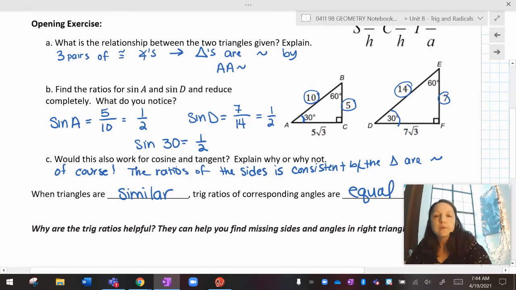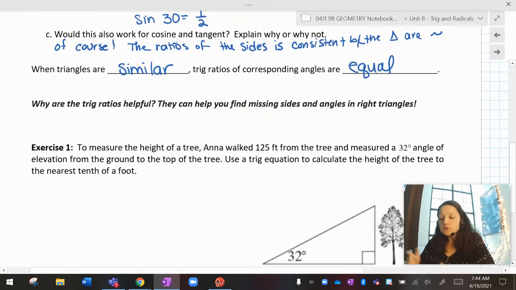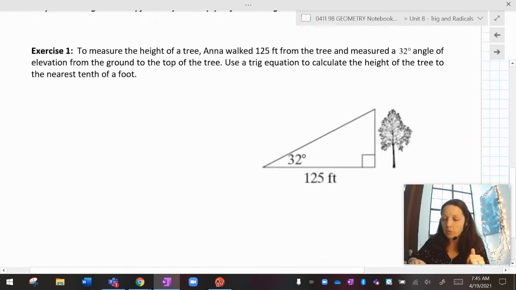In a nutshell, that means sine of 30 equals sine of 30, no matter what triangle you're looking at. So why are these helpful? If sine of 30 equals sine of 30 no matter what, then if I have a triangle where I don't know the opposite, the adjacent, or the hypotenuse, I can find them using trig. And that's what we're going to do.